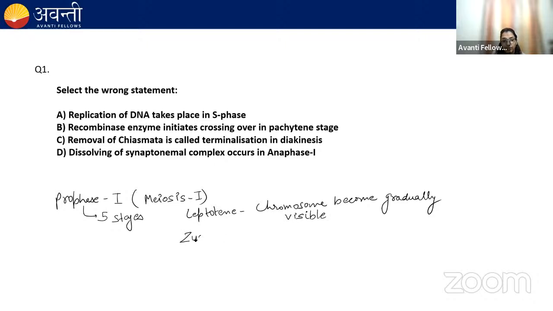Next stage is the zygotene stage. In this stage, the pairing occurs between the homologous chromosomes and is known as synapsis, and the complex formed is known as the synaptonemal complex.